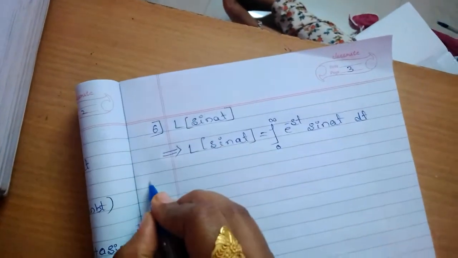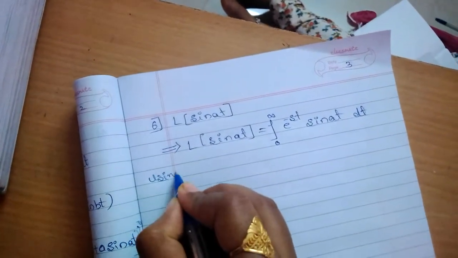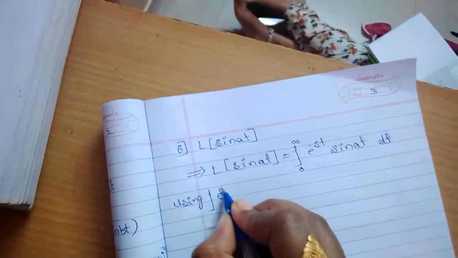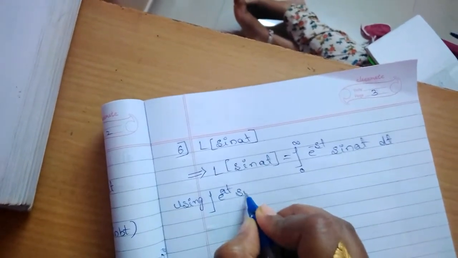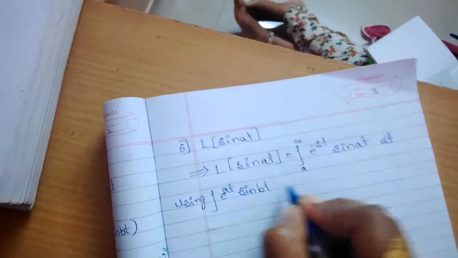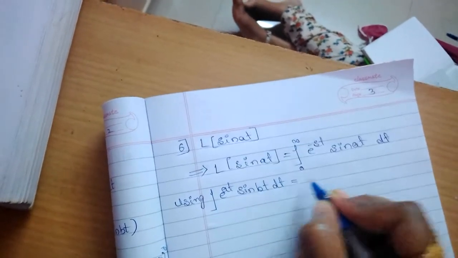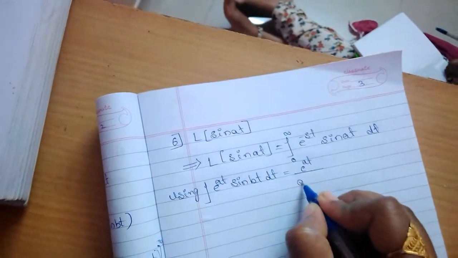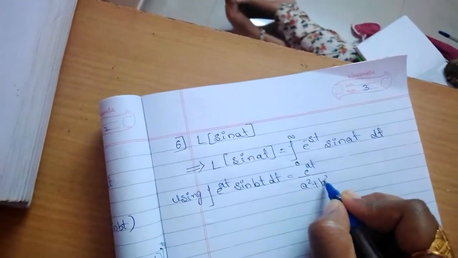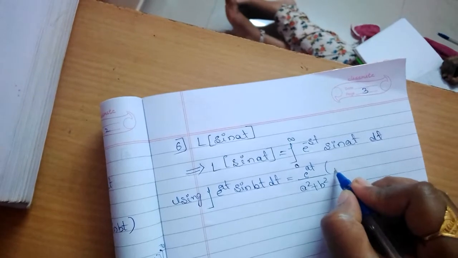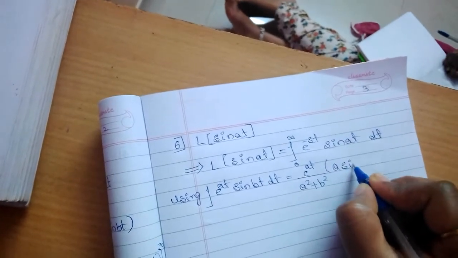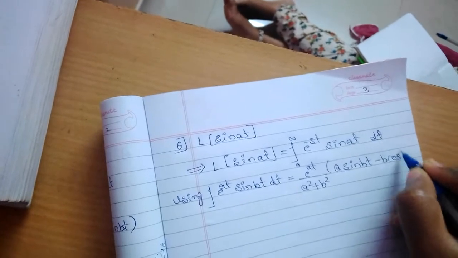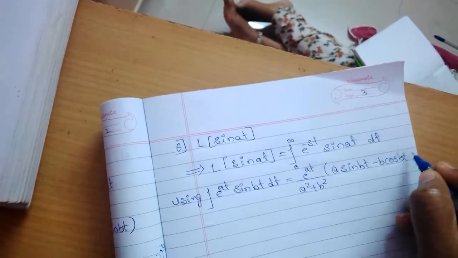Now using the integration formula, integration of e raised to at sin bt dt is equal to e raised to at divided by a square plus b square into a sin bt minus b cos bt.